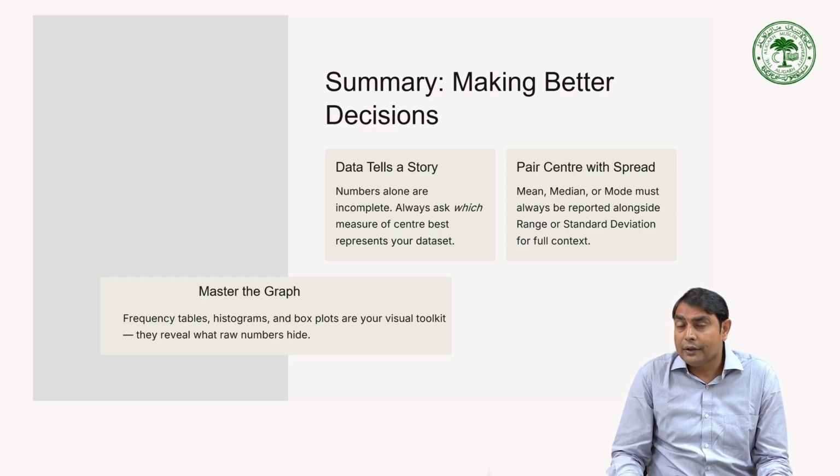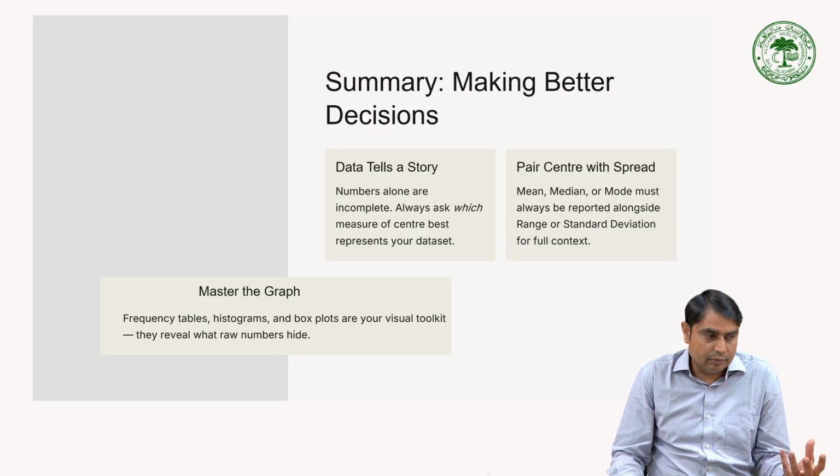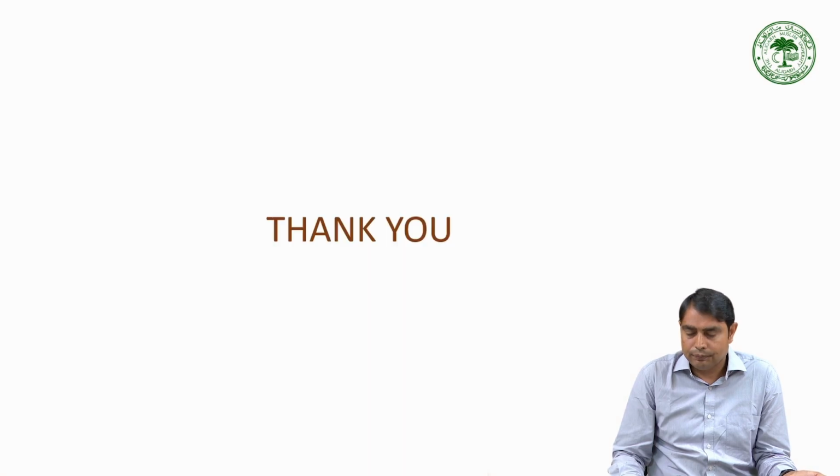But actually, for a better output or better result, you need to select even the graphs properly with care. If you are manipulating them, then obviously the entire crux of statistics will not help you, right?